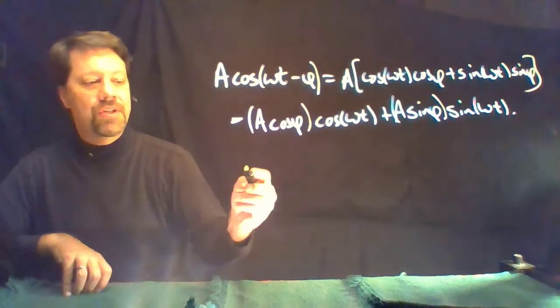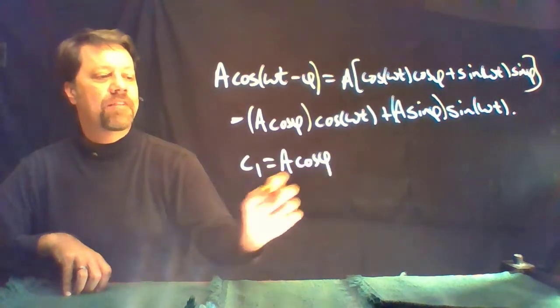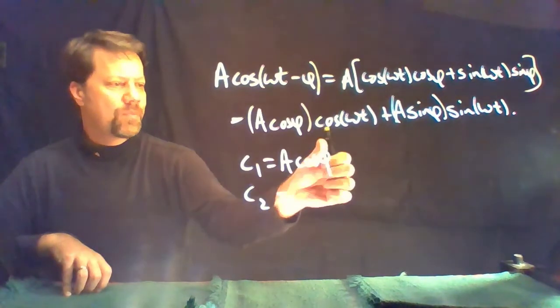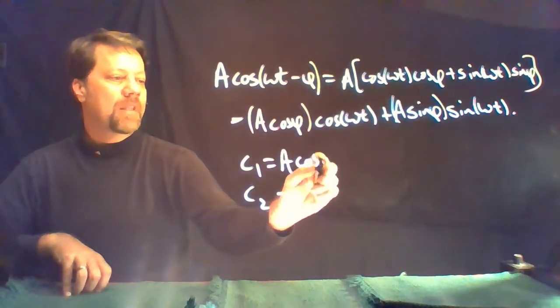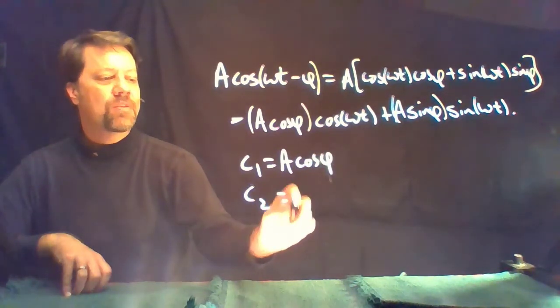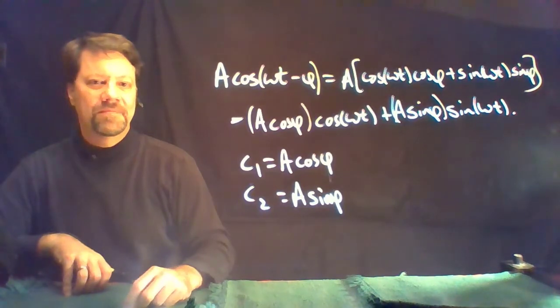From this expression, you can see that C1 has to be A cosine phi and C2 must be A sine phi.